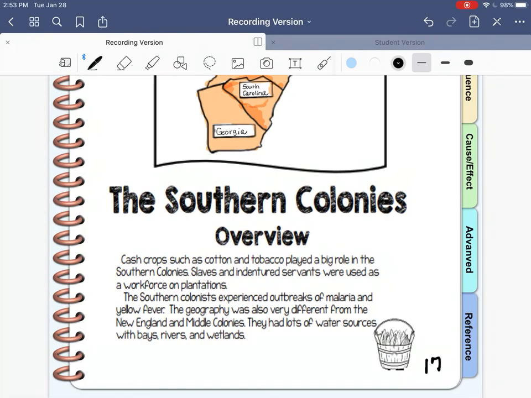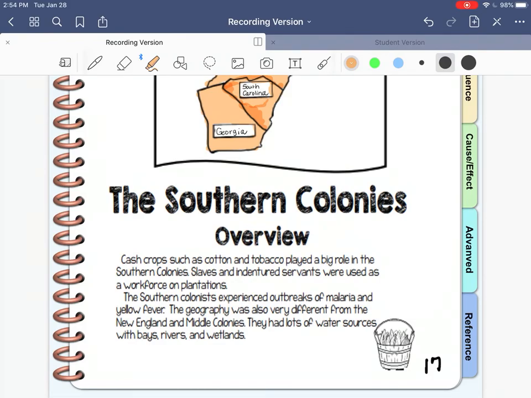Slaves and indentured servants were used as a workforce on plantations. The southern colonists experienced outbreaks of malaria and yellow fever. The geography was also very different from the New England and Middle colonies. They, meaning the southern colonies, had lots of water sources with bays, rivers, and wetlands.